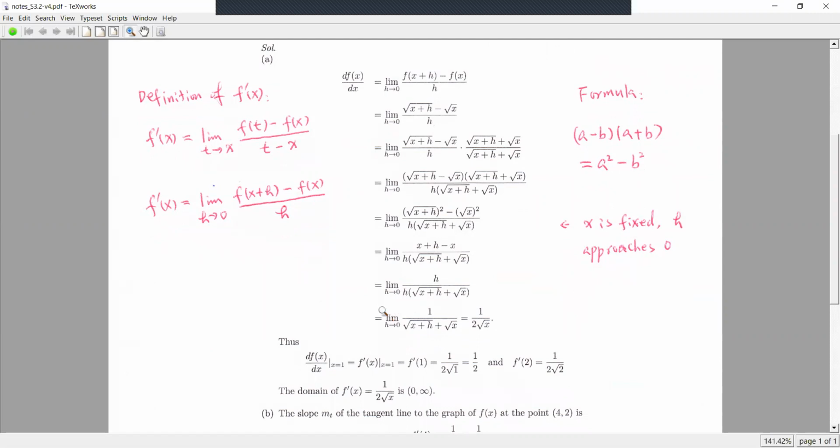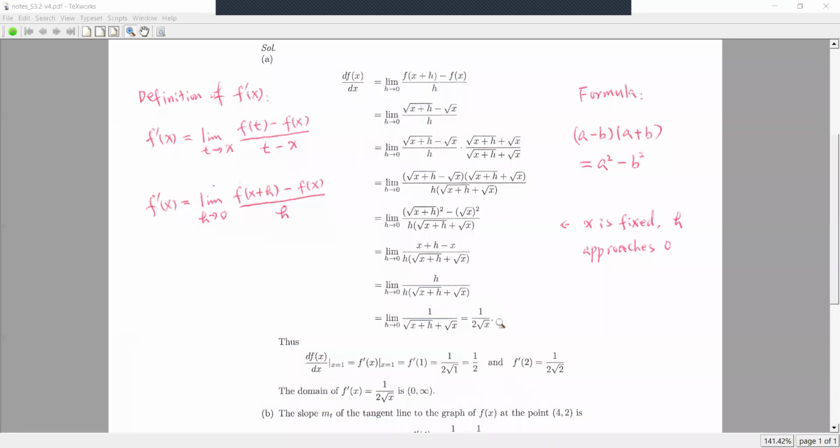I have this equation. To find this limit, h is approaching 0. Plug in 0 in h, then the limit is 1 over 2 times square root of x. This is the derivative of the function at x.